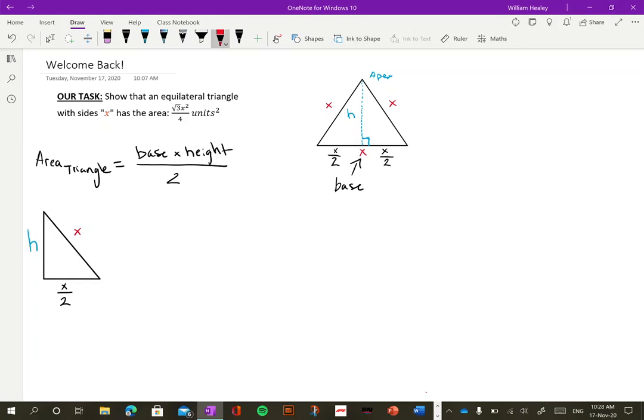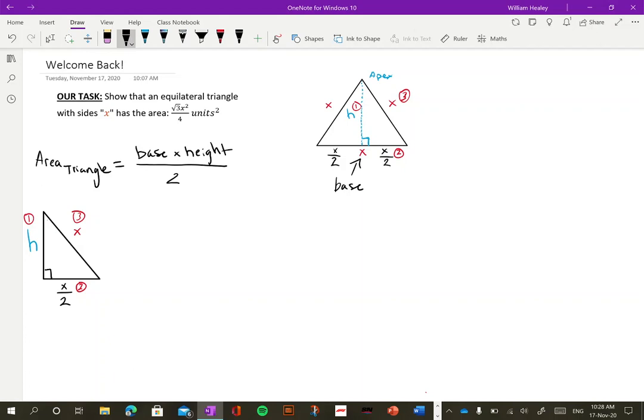Okay, so here's h, side 1, this side here, side 2, and this one, side 3. So you can see the connection between the larger triangle and our smaller triangle. And we should include the right angle.